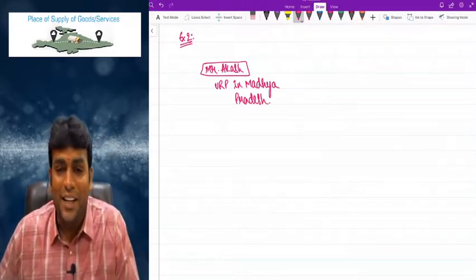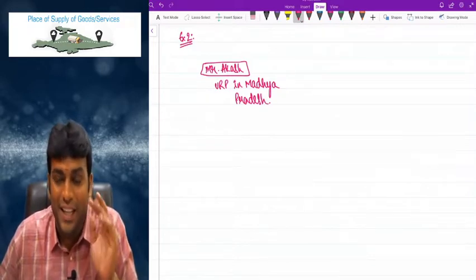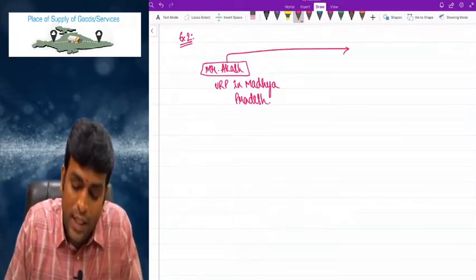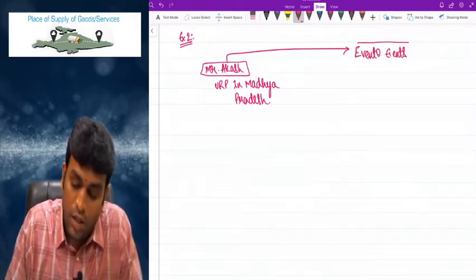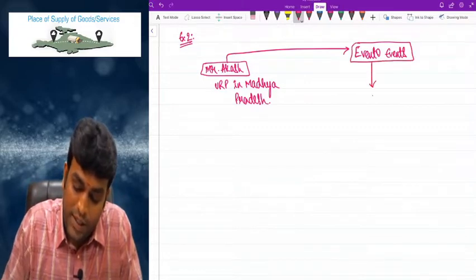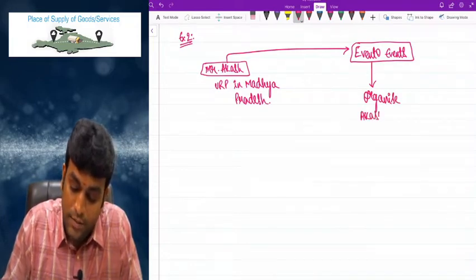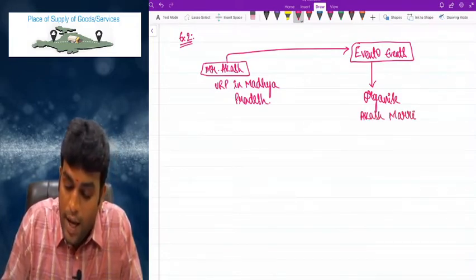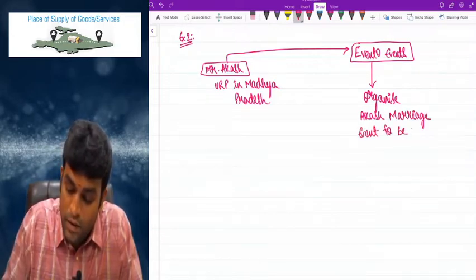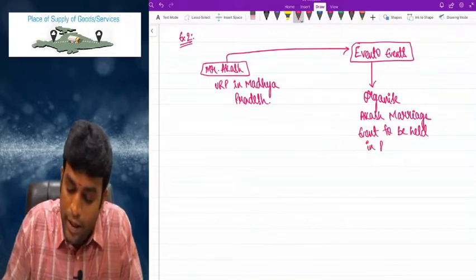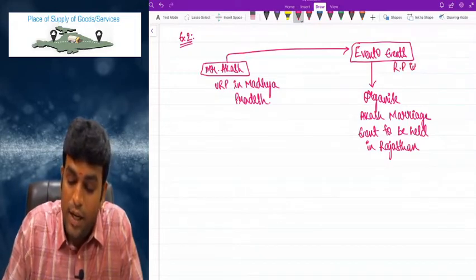Now, Akash contacted Evento Events to organize Akash's marriage event to be held in Rajasthan, and Evento Events is a registered person in Gujarat.